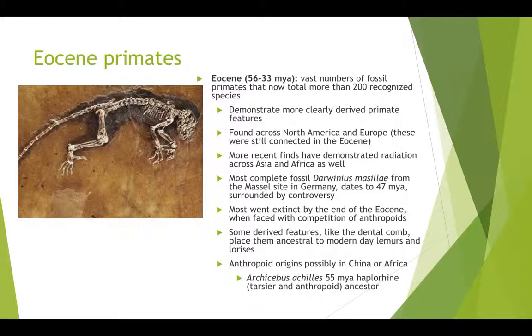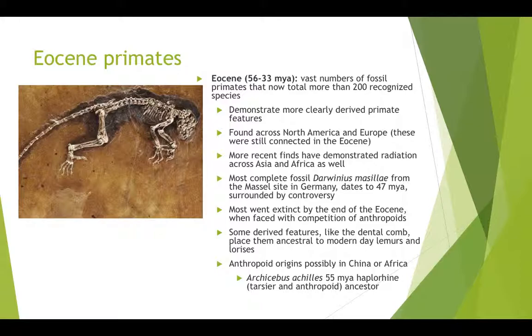When we talk about where the evolutionary event was happening in terms of the appearance of anthropoids, it probably was somewhere in Africa or Asia, perhaps in China, with a species called Archicebus achilles. Archicebus achilles dates to about 55 million years ago, and was definitely a haplorhine versus a strepsirrhine or prosimian.